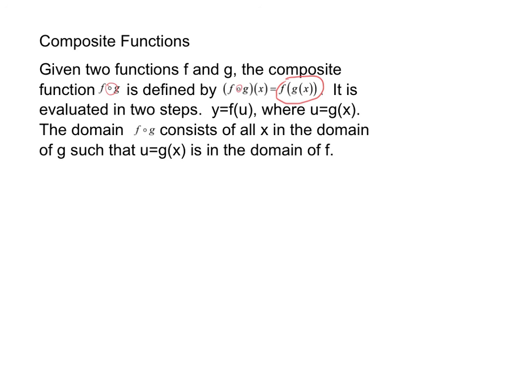Okay, and so a quick example, if I have f of x is equal to x squared, and g of x is equal to x plus 5, I can find the composition f of g of, let's say, 3. Or I can find the composition g of f of 3.